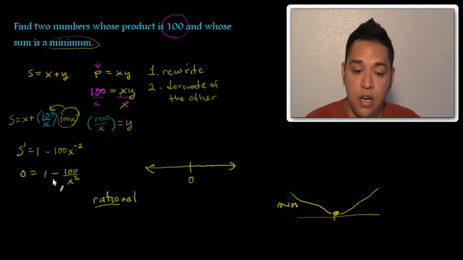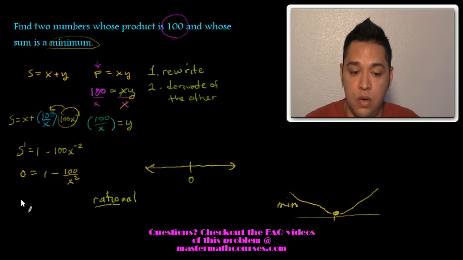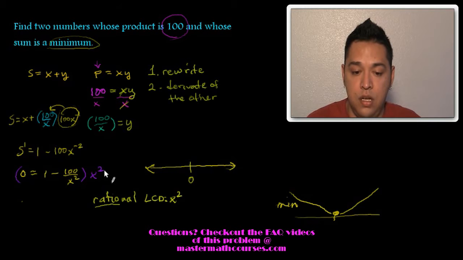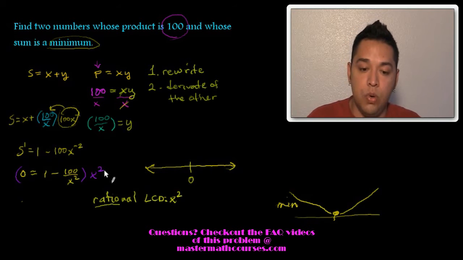We also need to find our other points, and that is by solving this for x. So this is a rational equation. To solve a rational equation, I need to multiply by the LCD, which would be x squared. I need to multiply everything by x squared. What would I get?